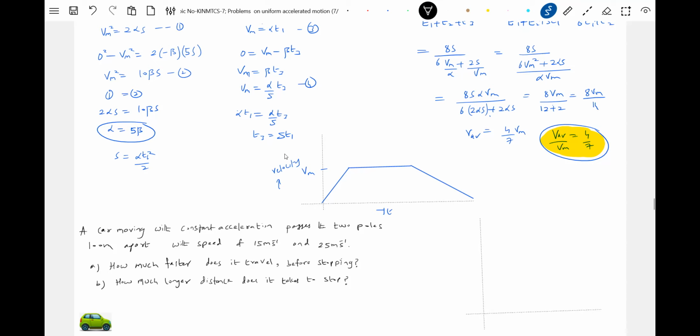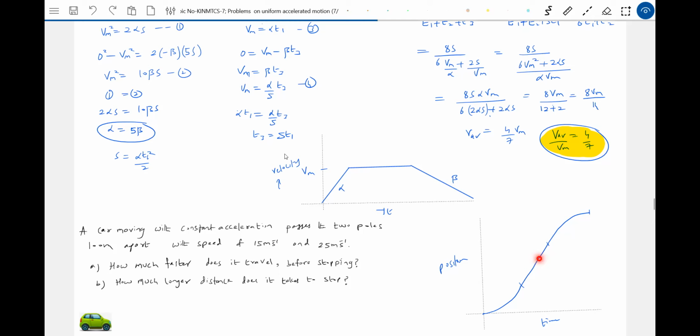First the body will have accelerated motion, then uniform velocity, then retardation, and comes to rest. This is the position versus time graph. Almost the method is the same. Here the acceleration is alpha, here the retardation is beta. It starts from rest, so the slope should be 0 at the start, and finally comes to rest, so the slope is 0 at the end. The uniform velocity part should be a straight line.